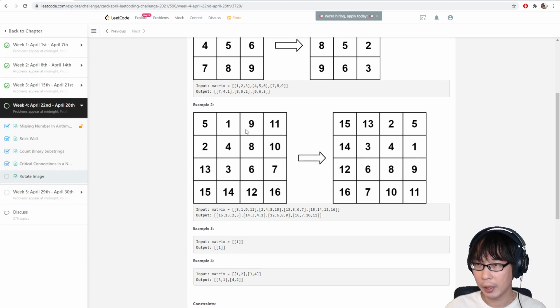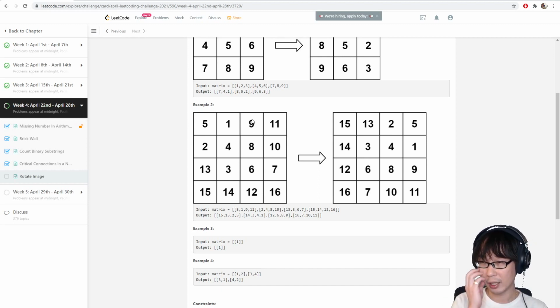Because if I would put 1 in here, then I need to put 10 in here, then I need to put 11, 12 in here, and then I will need to put 13 back to here. And then the same thing when I do the 9, 9 goes to here, 7 goes to here, and 14 goes to here.